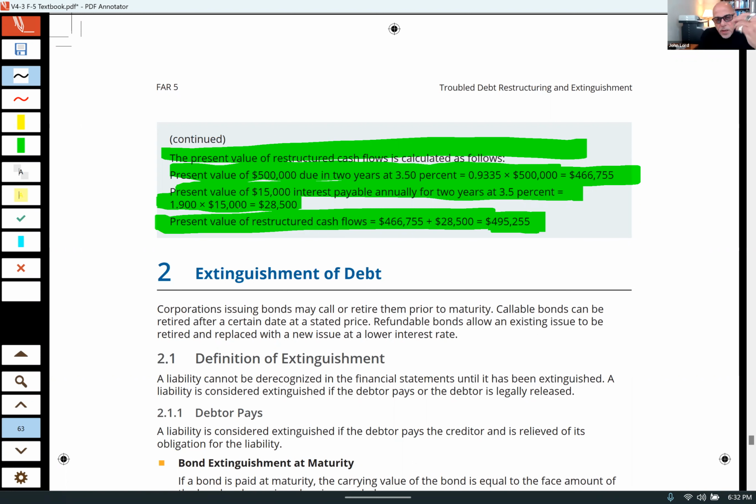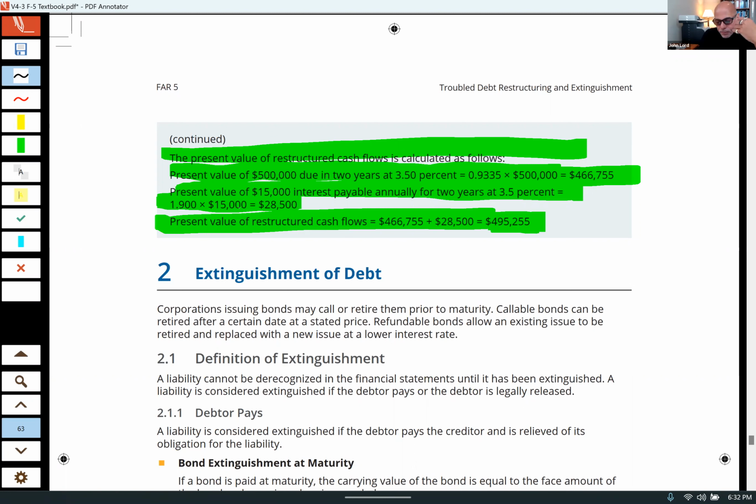What happens? I issued bonds and I've got the cash. I want to call these bonds right now. If you look at the bond, there's going to be some requirement to call it. When I call it, I'm going to have to pay either more than face or less than face to call that bond.